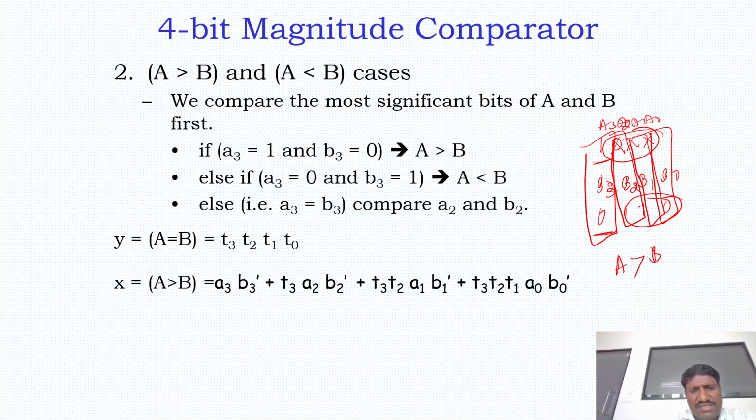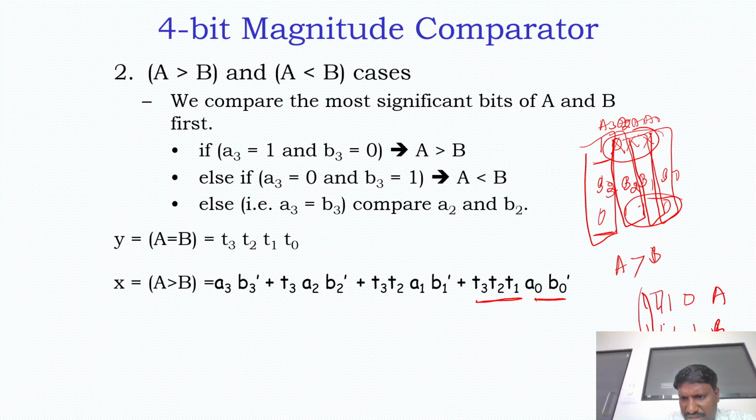The meaning of this is, if the first three MSBs are equal, it is decided based on the LSB. For example, take 1 1 1 1 and 0 1 1 1, let's say this is A and this is B. In this comparison, we need to look at these pairs.